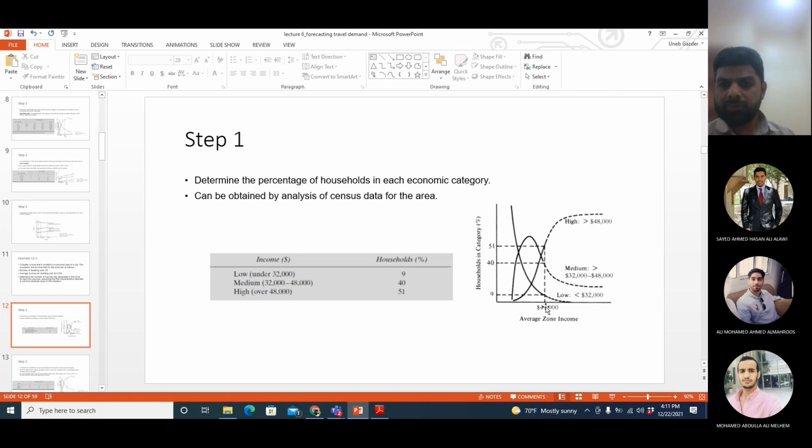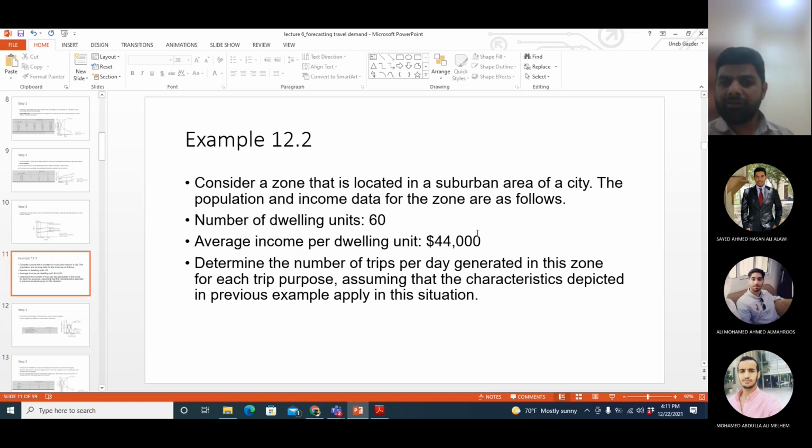So if you draw a line from $44,000, that line should intersect the lines showing the three income categories at these points. On the y-axis we had the percentage of households. What is $44,000? It is the average income of the entire area that is given.